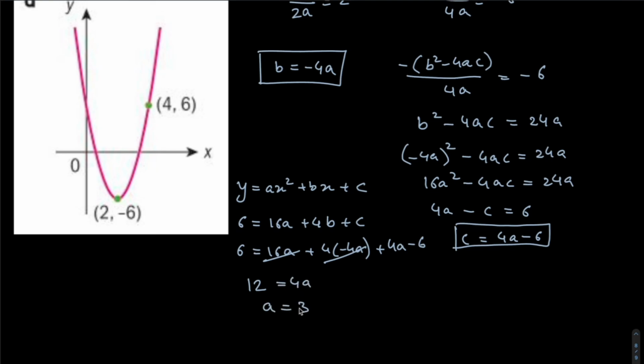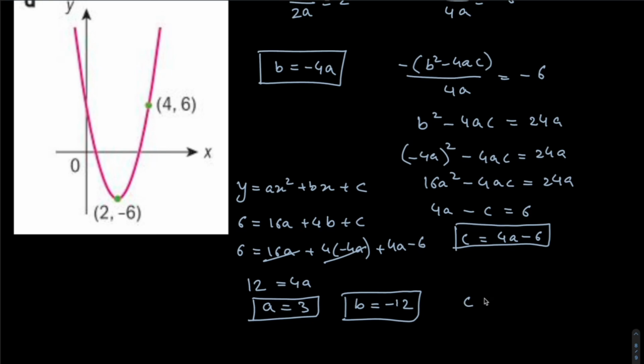So a is 3. I know I'm on the right track because it's an upward facing parabola, and a is also greater than 0. So I know I can move forward without checking my work. All right. So now similarly, for b, all I have to do is just substitute the value of a. So b is going to be minus 12 right here.